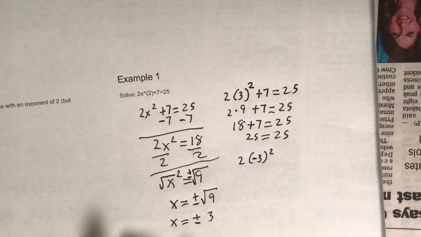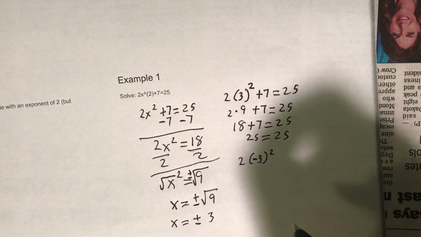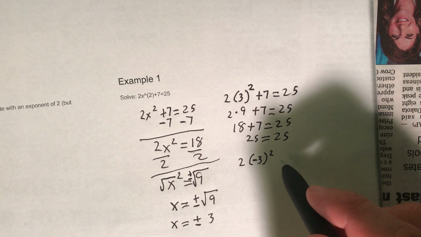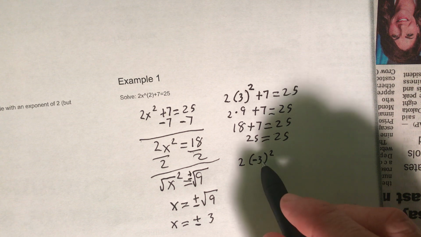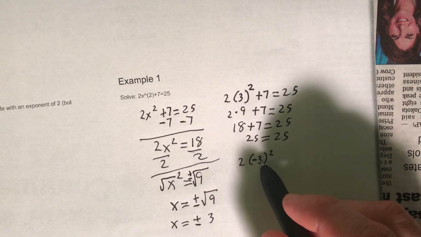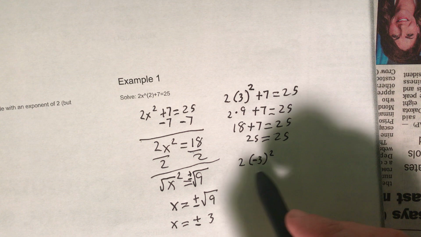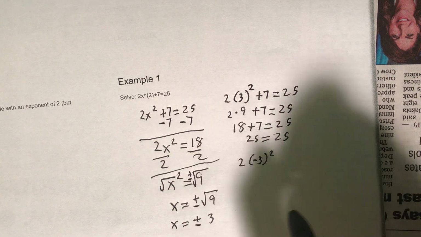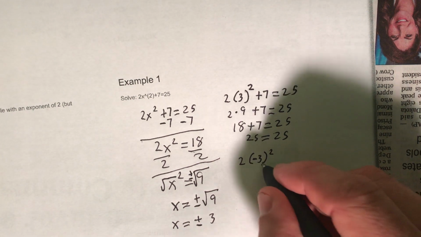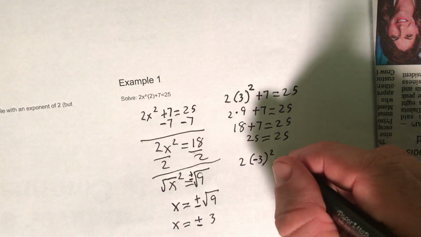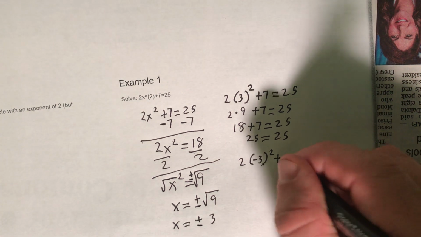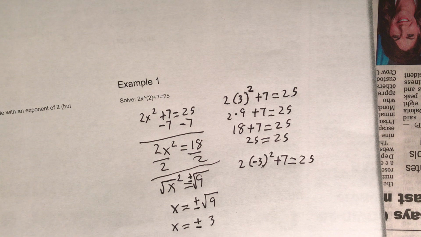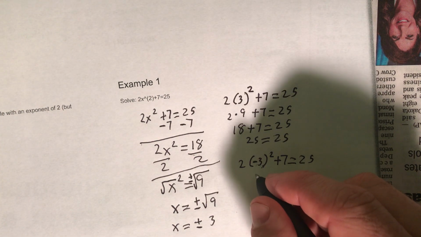The negative 3, we're subbing it in for x, so that negative has to stay with that. Well, if you went and typed this into your calculator and you didn't put parentheses around it, the negative would go out front and you'd end up with the wrong answer. So these parentheses are really important when you're subbing in for something, because you've got to keep this, because that's what x actually equals, is the negative 3, not just a 3.